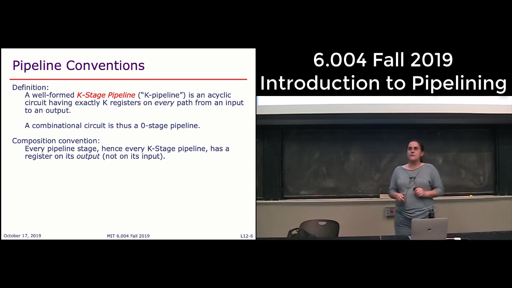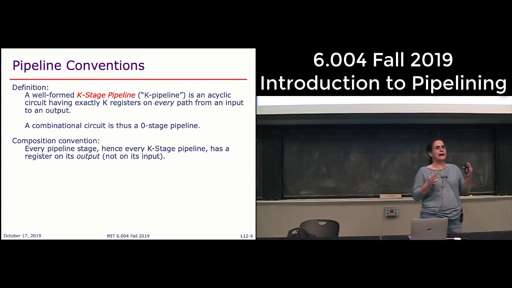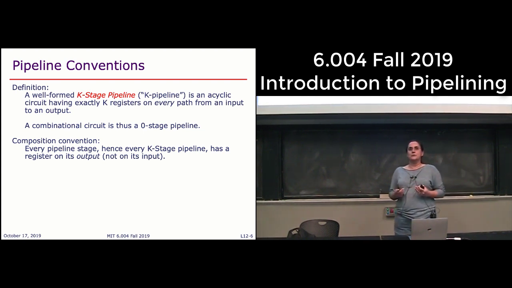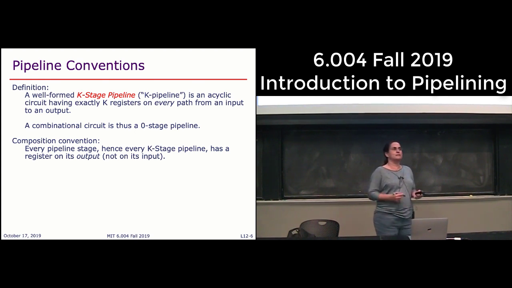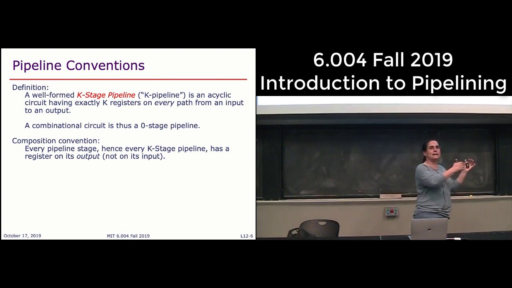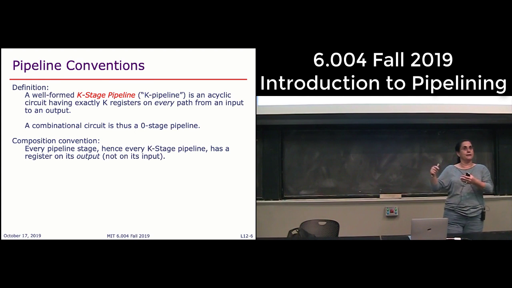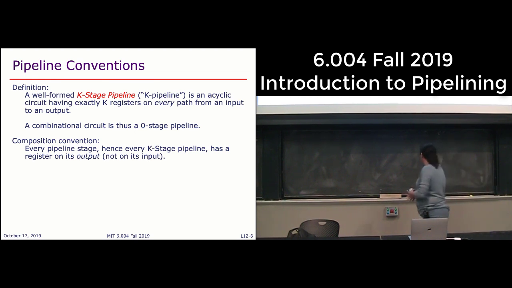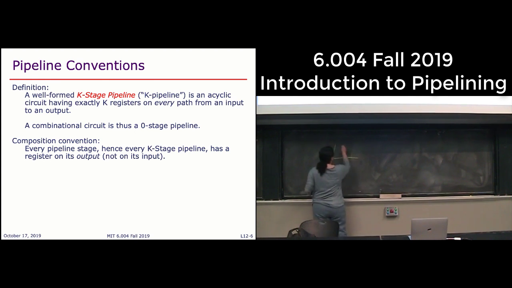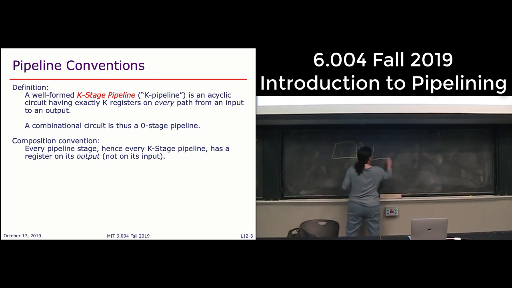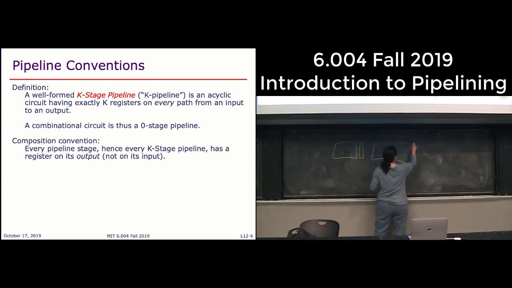And the other thing is that just by convention, we're going to say that every single output always has a register on it. The reason that we do this is because we want to have the ability to compose one pipeline circuit with another pipeline circuit. So essentially, if my first pipeline circuit has a register on the output of it, then I can add a different pipeline circuit after it, and it's got a register at the end.